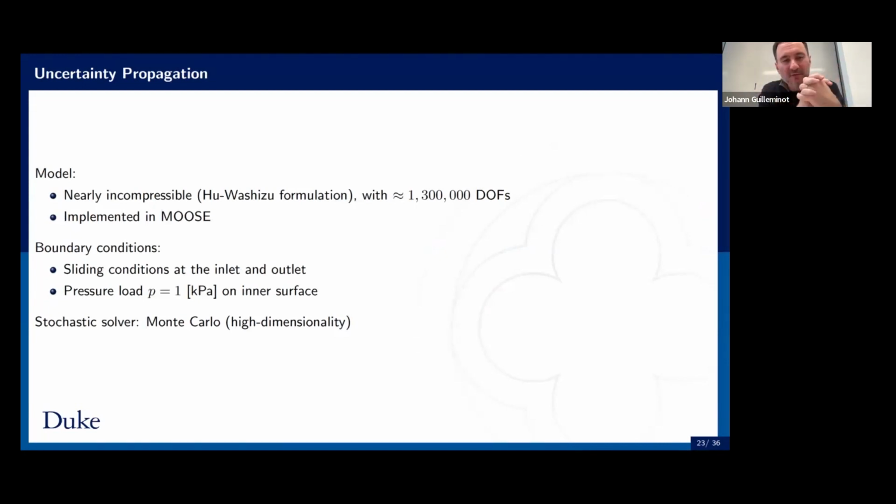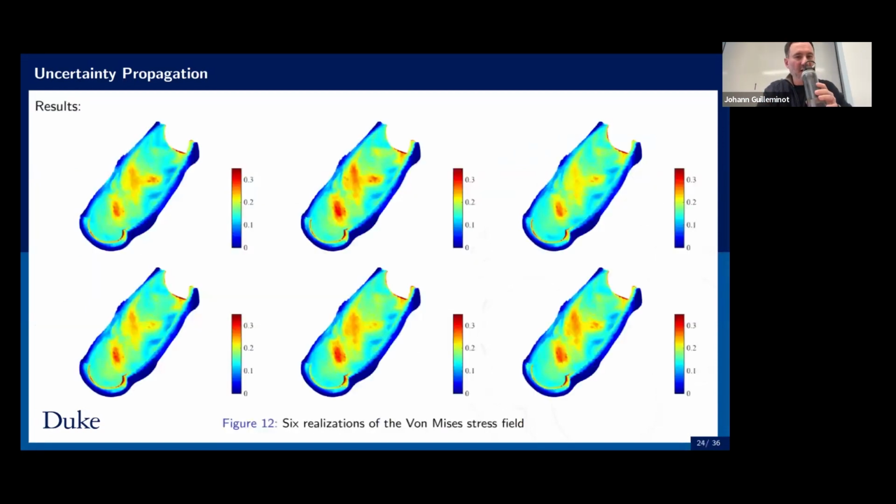It's implemented in Moose, which is a finite element computing platform developed by Idaho National Labs. Boundary conditions are essentially sliding conditions on the boundaries and a pressure load inside. And I'm going to use a Monte Carlo solver to do statistics.